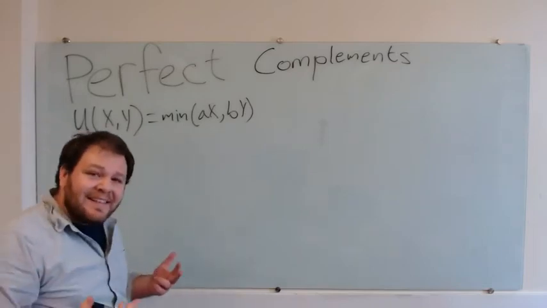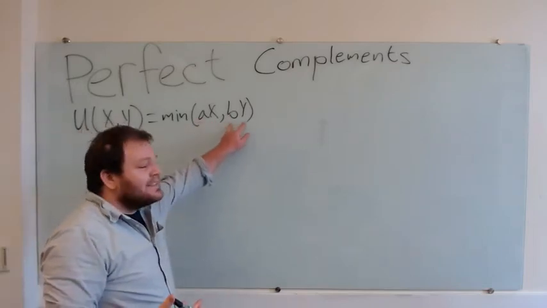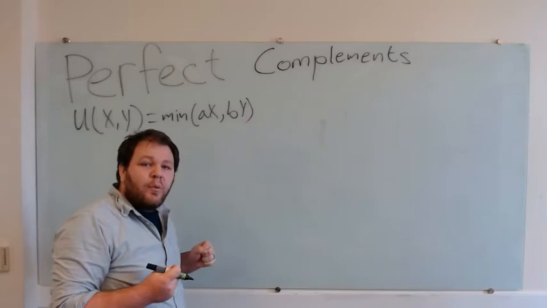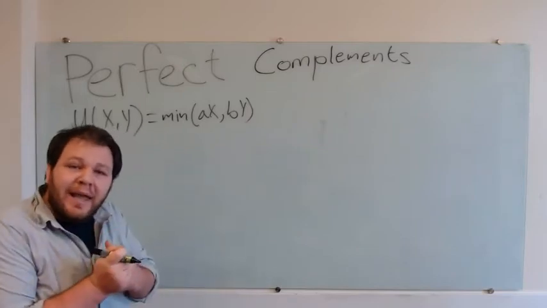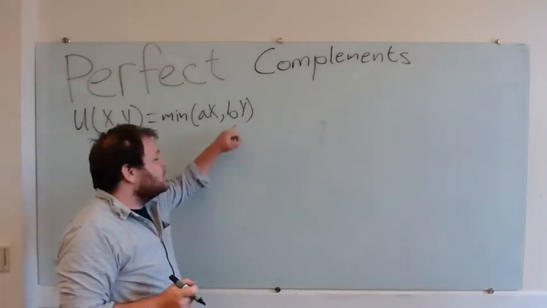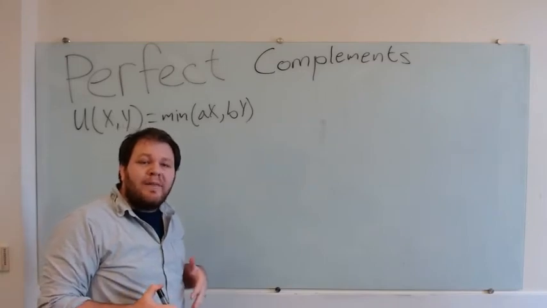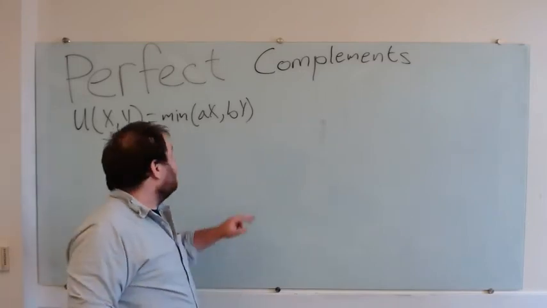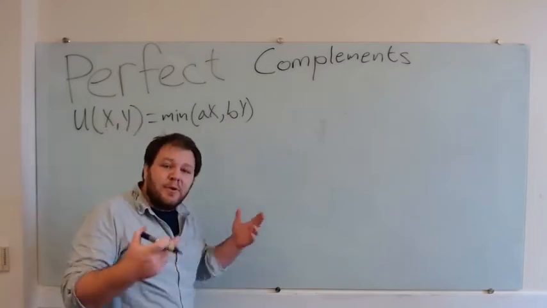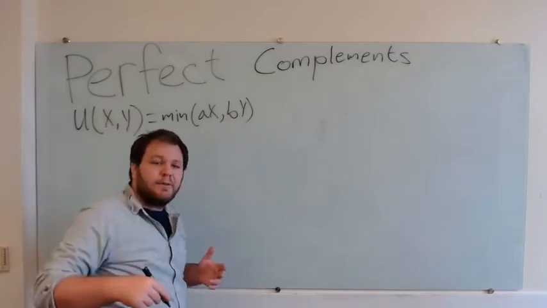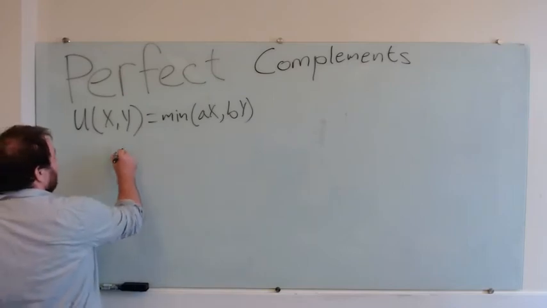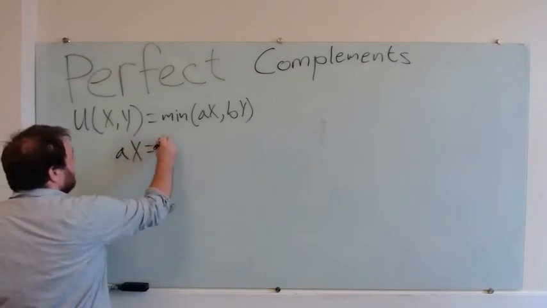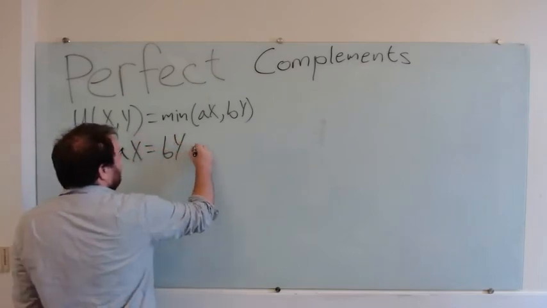We're going to say that kink's going to happen where ax equals by, in other words, where we have x and y in the useful ratio. If ax was bigger than by, that would mean that we have some useless x's, we'd be on the horizontal part of our curve. If by was bigger than ax, we'd have some useless y's, we'd be on the vertical part of our indifference curve. So we can say ax equals by at the kink.